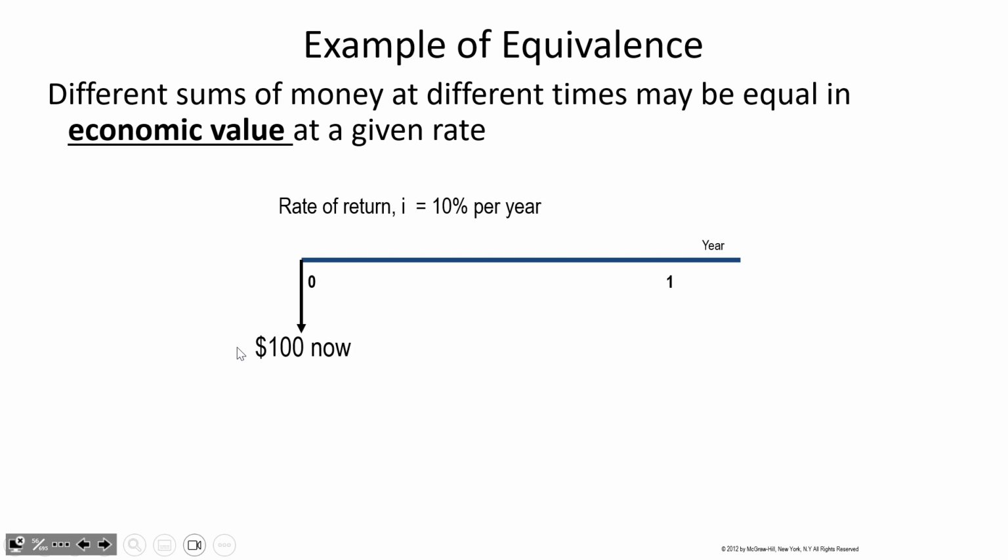The arrow down means that from my perspective, it's an outflow. So a deposit now of $100 is economically equivalent to, now this is saying a withdrawal in 1 year. This kind of perspective would be if you were going to make a deposit into a bank, then how much could you take out of the bank after 1 year?